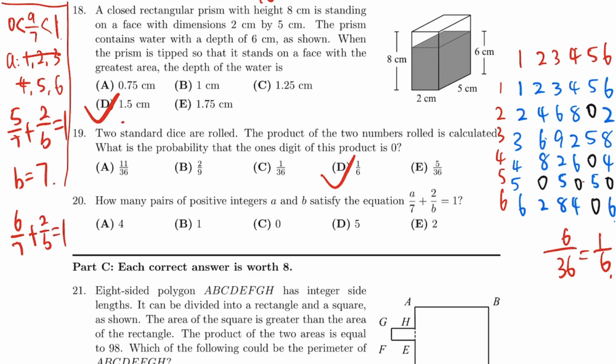Let's see, this b is 14. Also workable. Okay, so there are 2 cases, which is when a is 5, b is 7, and when a is 6, b is 14. 2 cases, the answer is E.